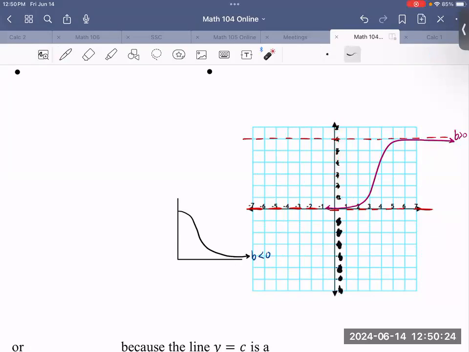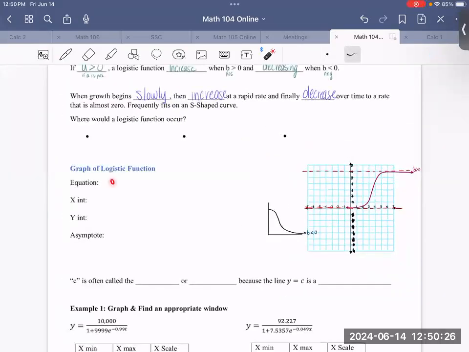Okay. So when we go in to fill these values in, right? What is your x-intercept, your y-intercept? Are there any asymptotes? If there are asymptotes, what could they be, right? You can find one of them very easily.